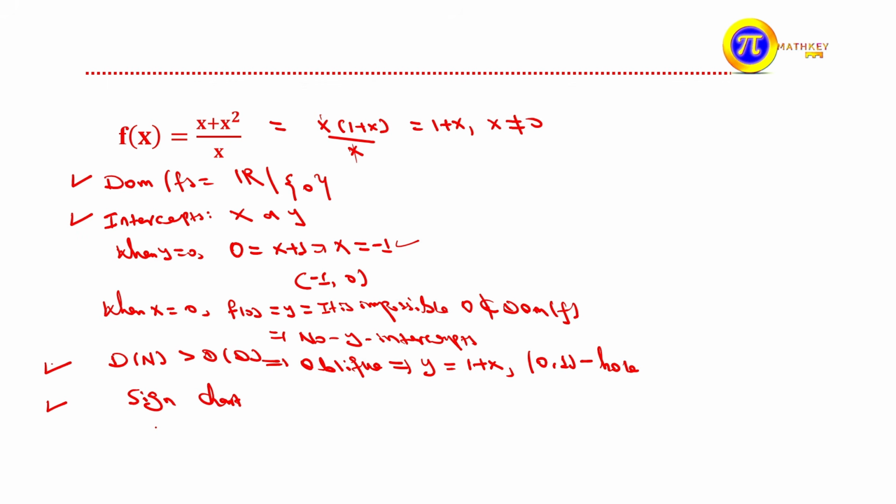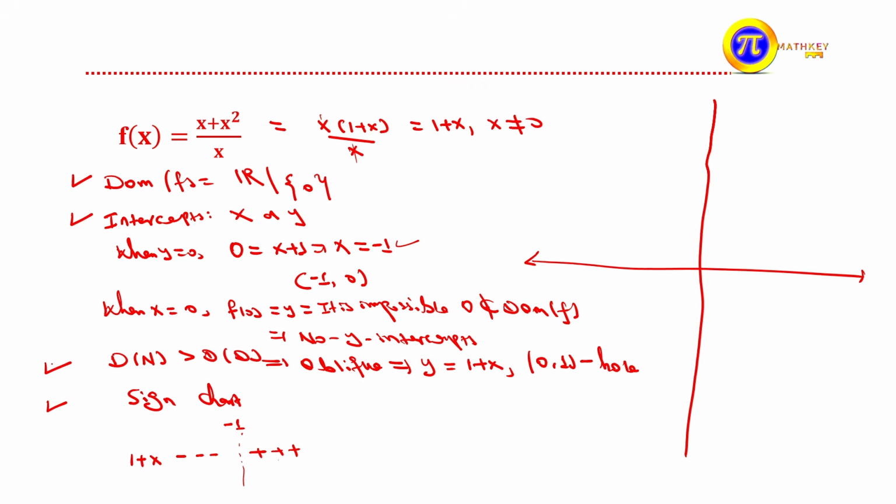This is equal to 1 plus x; at -1 it is zero. To the left of -1 it is negative, to the right of -1 it is positive, and at 0 it is not defined. So we can sketch the graph with the oblique asymptote. When x is -1, the value of y is 0. When x is 0, the value of y would be 1, but it is a hole.